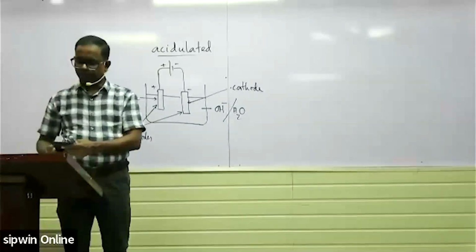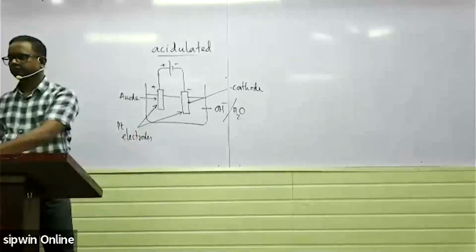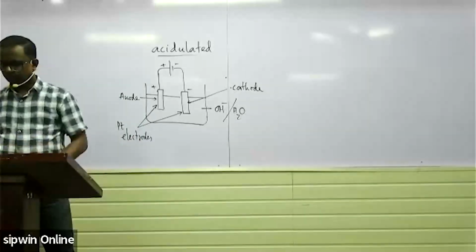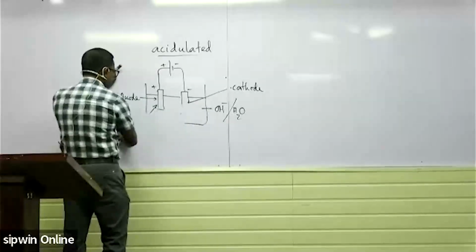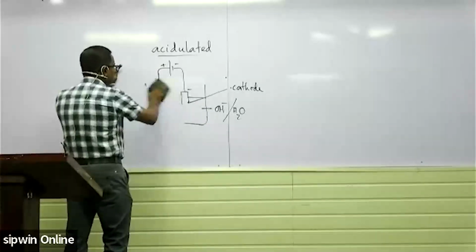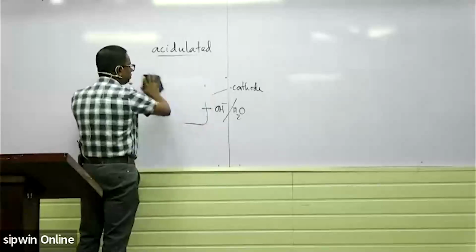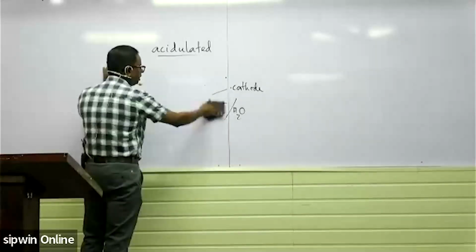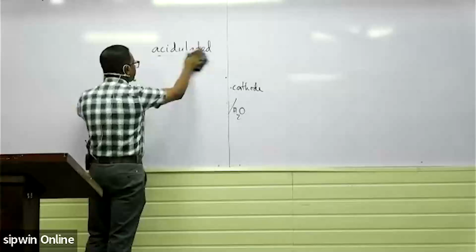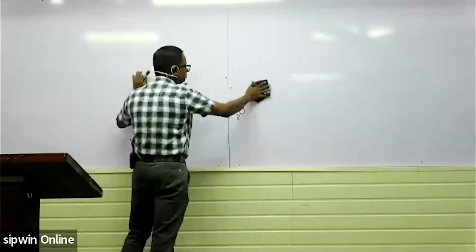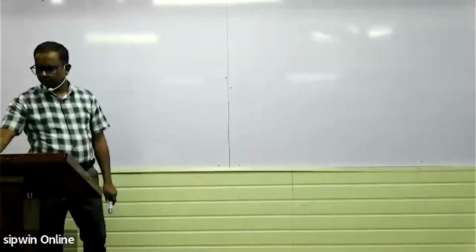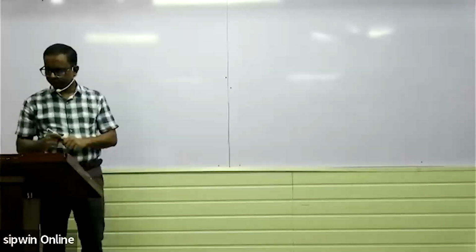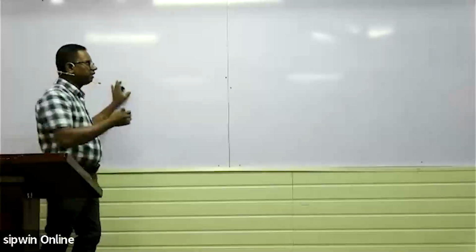Electrolysis of aqueous copper sulfate solution. Aqueous copper sulfate solution, within a bracket, inert electrodes. Inert electrodes. Draw the diagram. Copper sulfate aqueous solution.